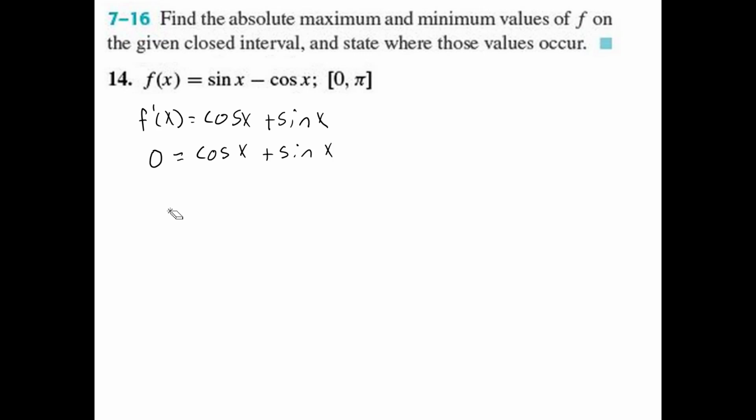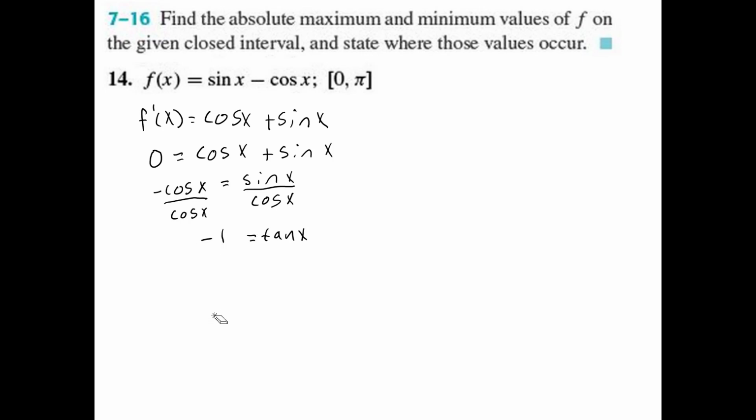When we see something like this, we can try and get the tangent function in here by subtracting the cosine of x from both sides, dividing both sides by the cosine of x. We'll then make this the tangent of x. Only one trig function. And over here we'll get -1.